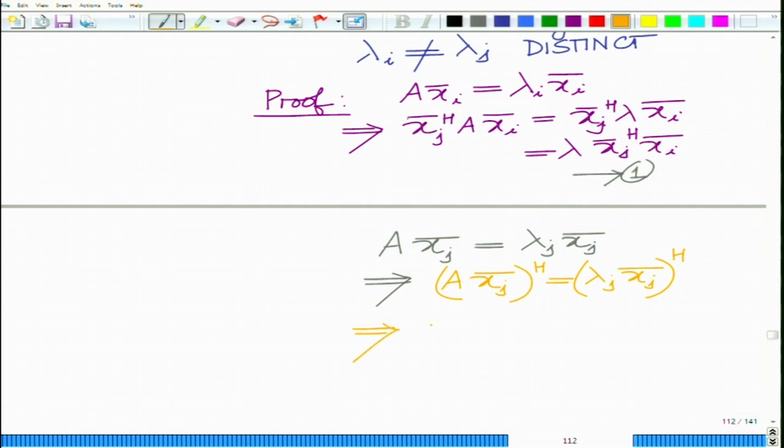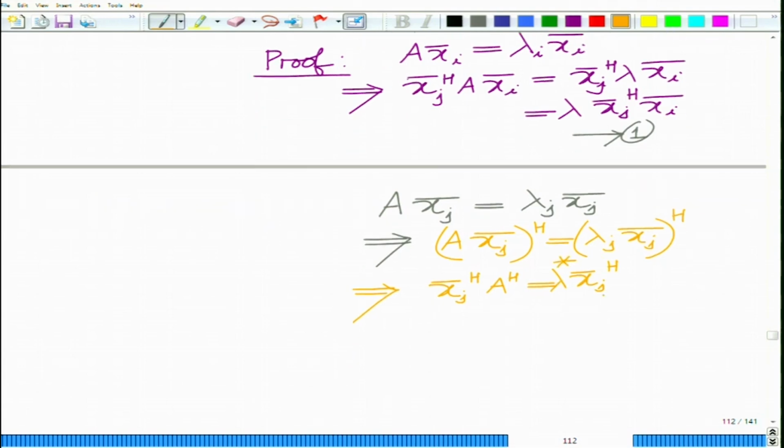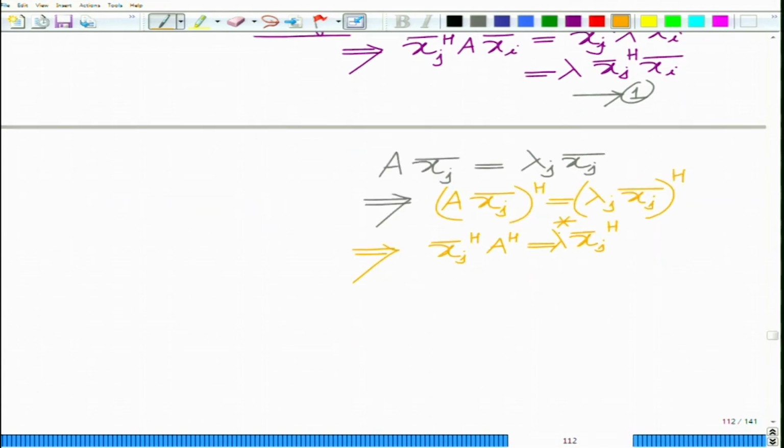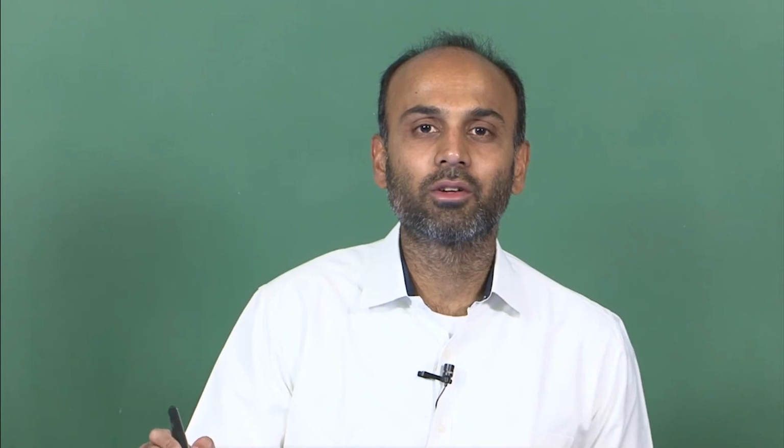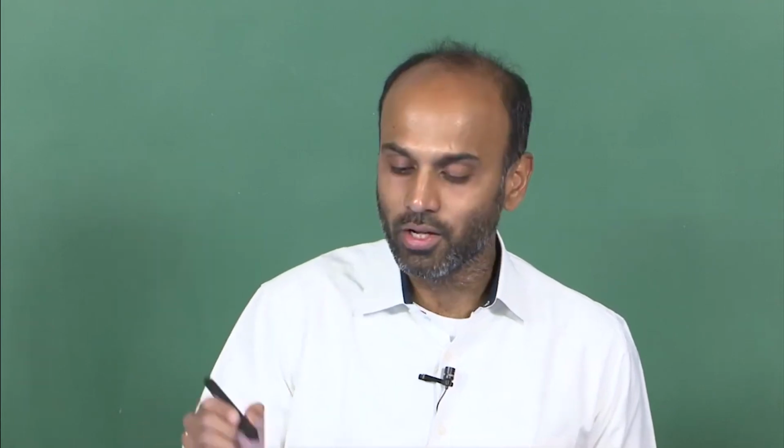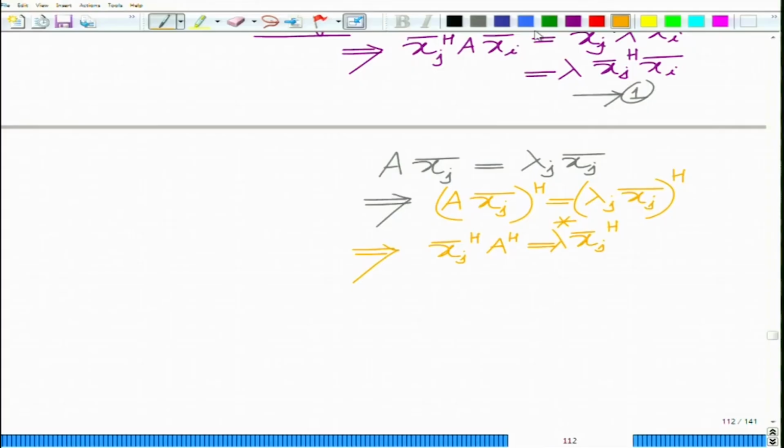This implies xj bar Hermitian A Hermitian equals lambda j conjugate xj bar Hermitian, because lambda is simply a scalar quantity. But remember the eigenvalues of a Hermitian matrix are real, which implies that lambda j conjugate equals lambda j. Okay. So, we will use that property here.